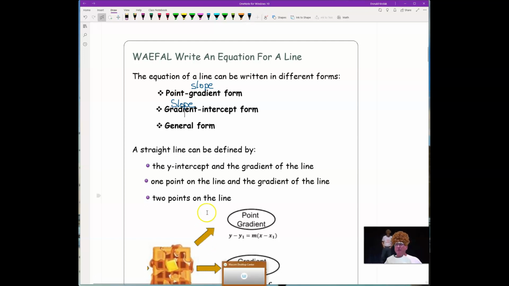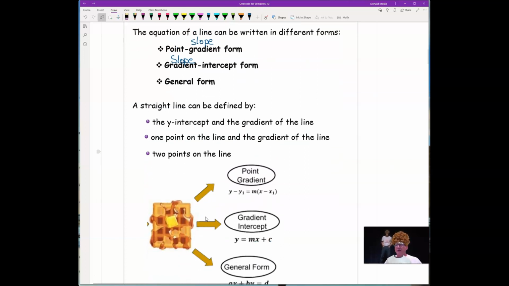So if you want to write an equation for a line, waffle, these are the ingredients that you need. You need to either know the y-intercept, which would be a point 0, c, and the slope, which we usually use m to represent.